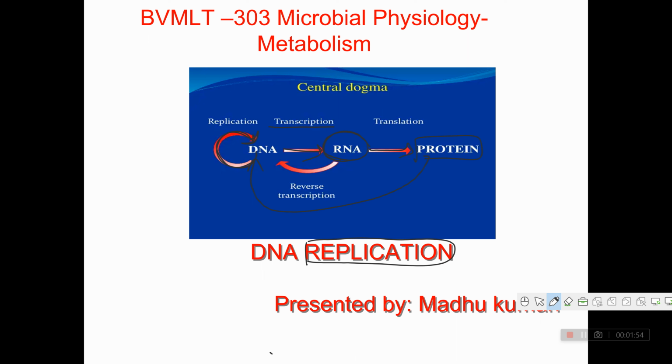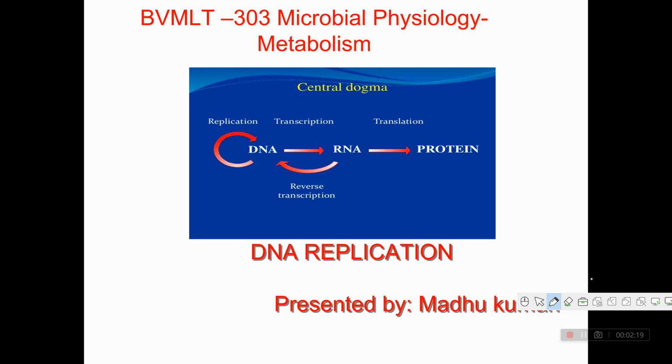Another one is reverse transcription, which means synthesis of DNA from the RNA. This process is known as reverse transcription. So what processes does the central dogma contain? Replication, that is the copy of the DNA.